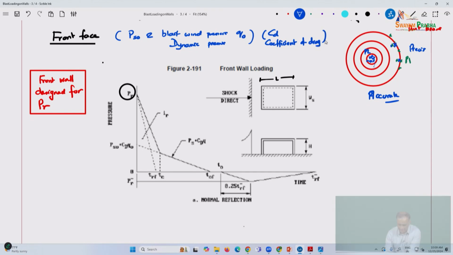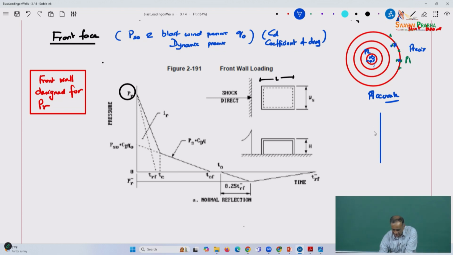what we see here in the front wall is the pressure versus time curve. PR is the peak value, but in general the pressure versus time curve has various components.